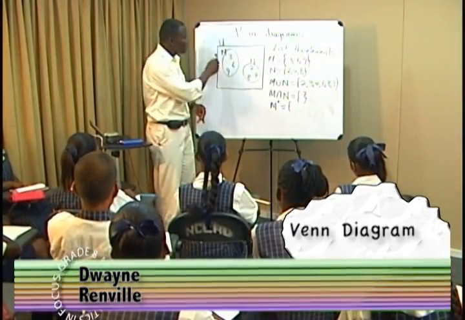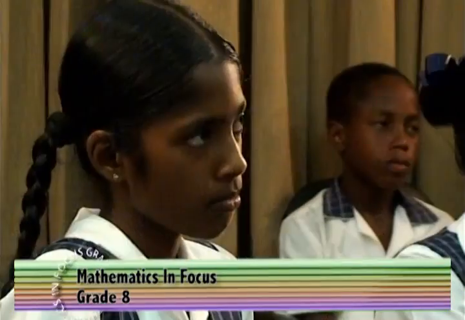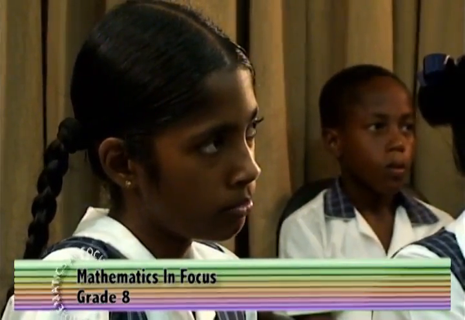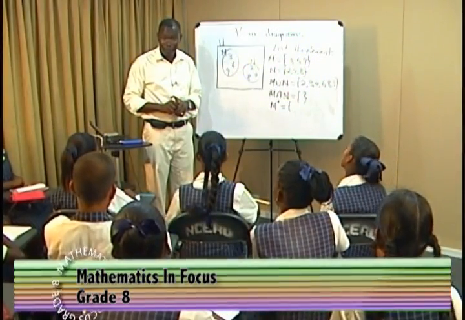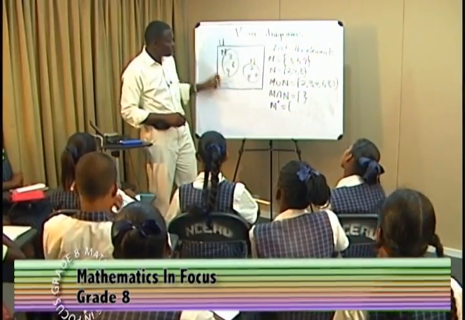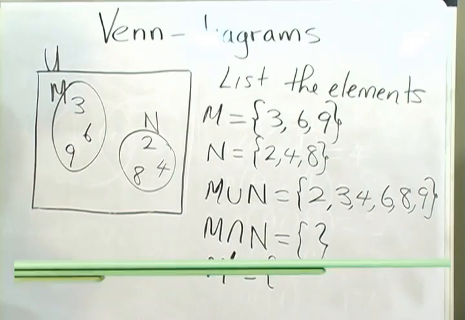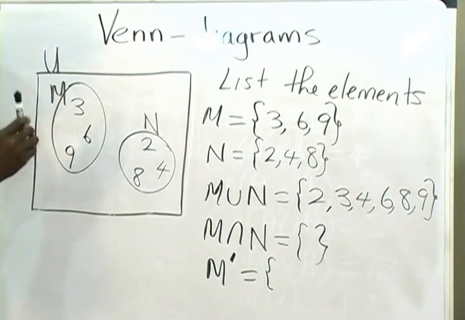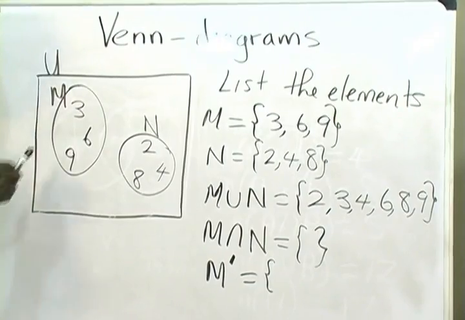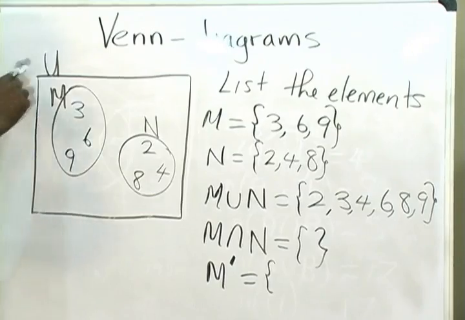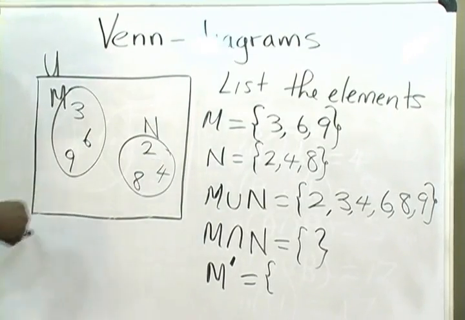So whenever we're dealing with complements, we only consider the elements which are part of the universal set. Right, Danica? Good. So it therefore means if we want the complement of M, we're only looking for the elements that are outside of M but still within the universal set.